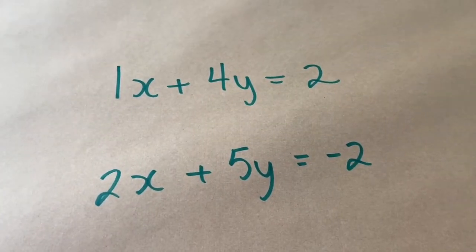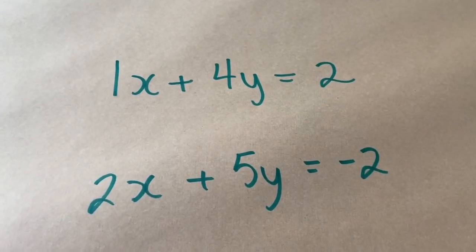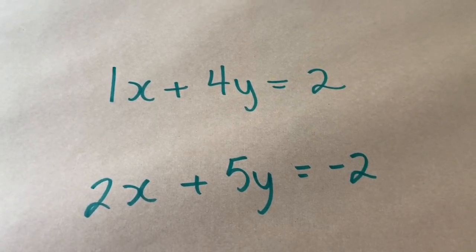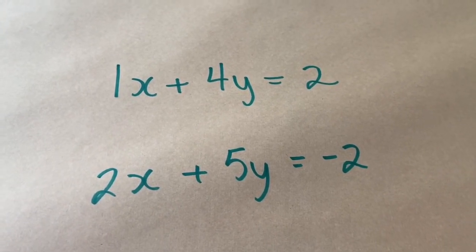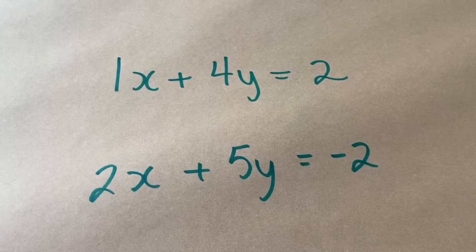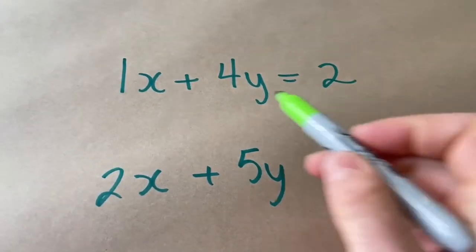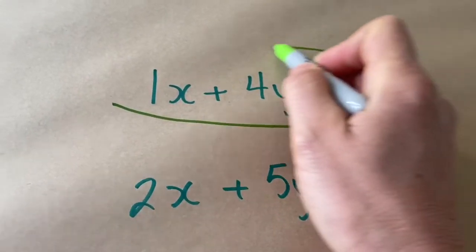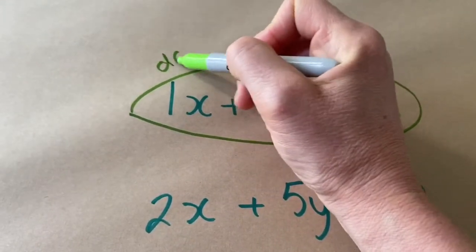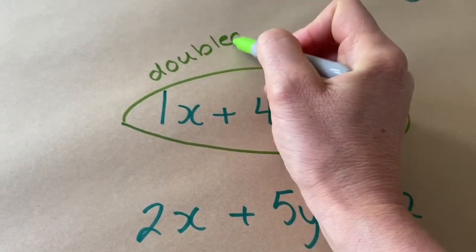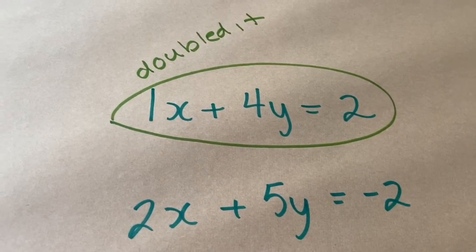Okay, so there must be something we can do to solve the problem. What we can do is we can change one of the equations so it matches with the other one. For example, if I took this whole equation and I doubled it, look what I'd have.